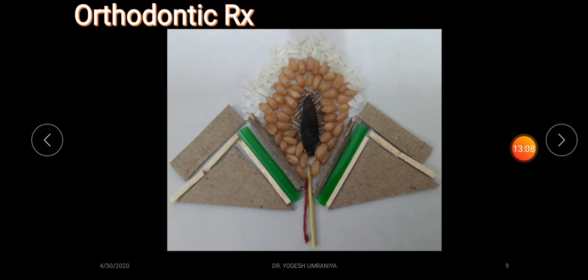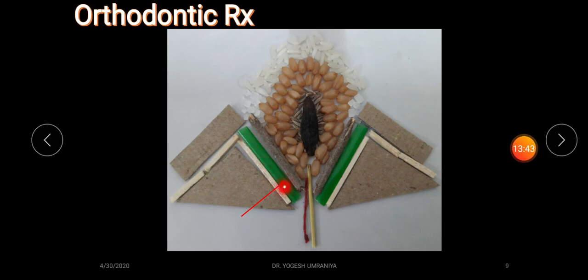Next one, that is the orthodontic treatment. So this is something regarding the treatment of the position of the teeth. Whenever there is a misarrangement or misalignment of the tooth within the tooth socket, correcting this misalignment with the help of the periodontal ligament as well as the cementum is referred to as orthodontic treatment.